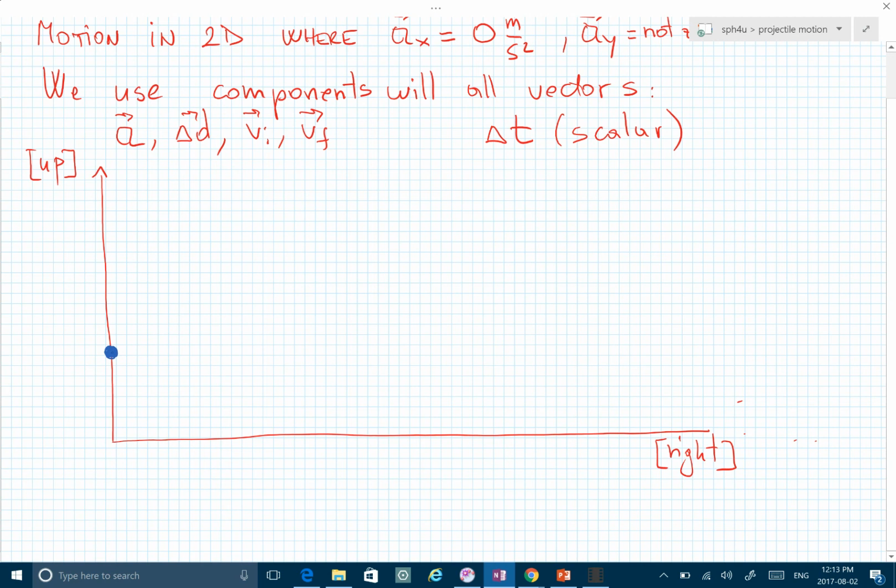We're throwing it with some initial velocity, vi, right, with some initial angle, theta i. So for example, you can throw a basketball at 45 degrees or at 50 degrees, whatever that is.